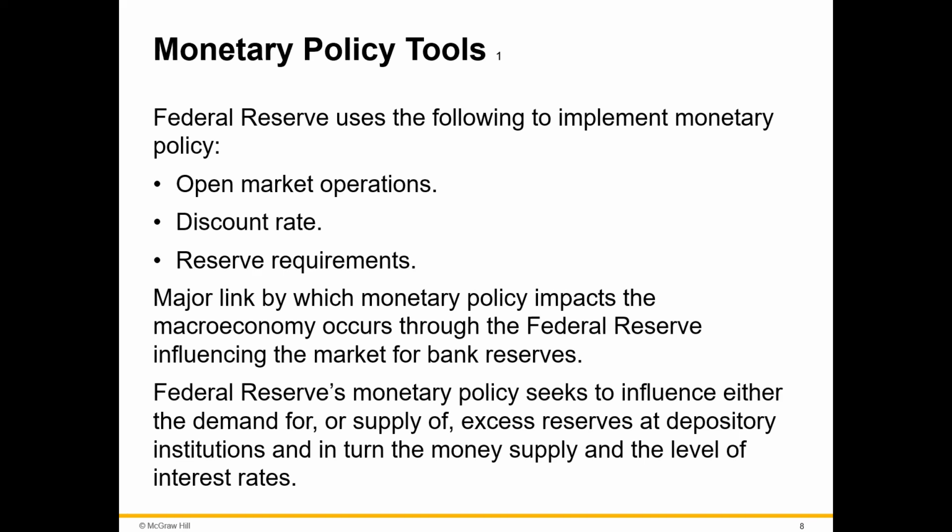They can increase the required reserve to, let's say, 20%. So now the bank has to hold $2 million and can only lend out $8 million. That's how they can decrease the amount of money in the economy. If they want to increase the amount of money circulating in the economy, they'll lower the reserve requirements.